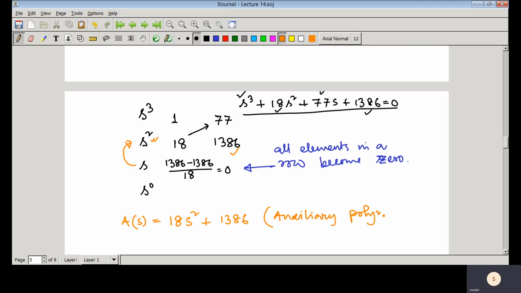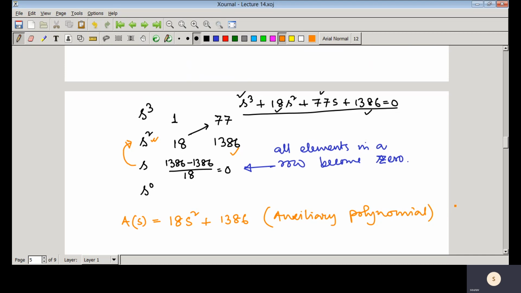So this particular polynomial has a name, which is called the auxiliary polynomial. And physically there is an interpretation of this auxiliary polynomial.